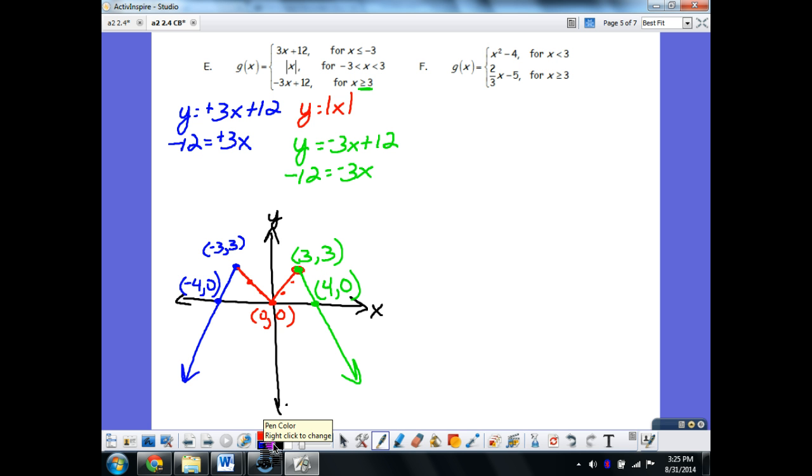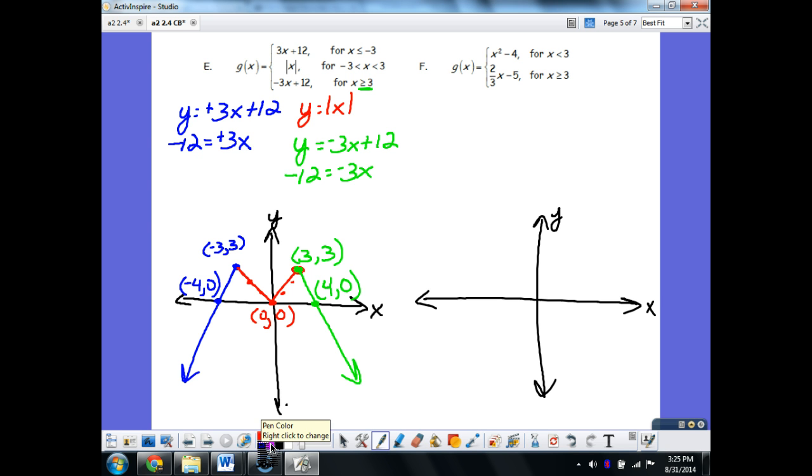We will talk about domain and range in class tomorrow. So, last but not least of the graphs, just two pieces this time.